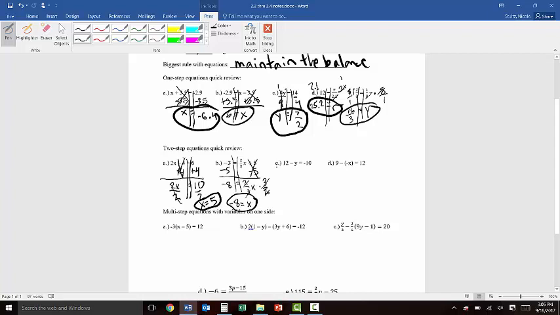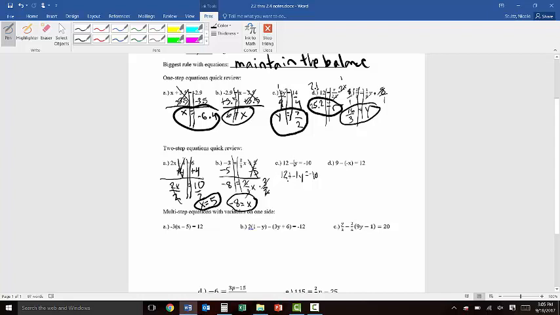Letter C is one we have to be careful of. So it says 12 minus y. The first thing I like to do is put a 1 in front of the y, because we don't want to forget about that coefficient. So we really have 12 plus a -1y. That's really what this problem is saying. So our variable was multiplied by -1, and then we added a 12 to it.